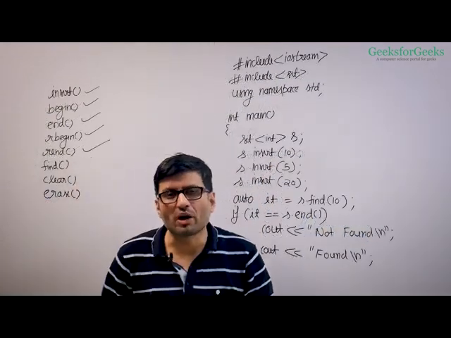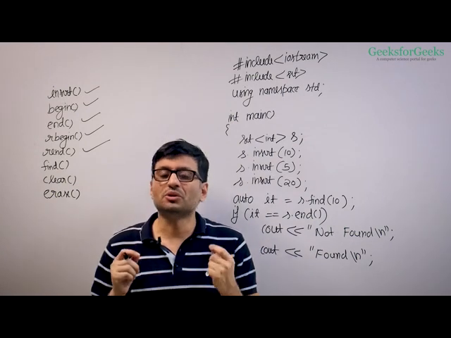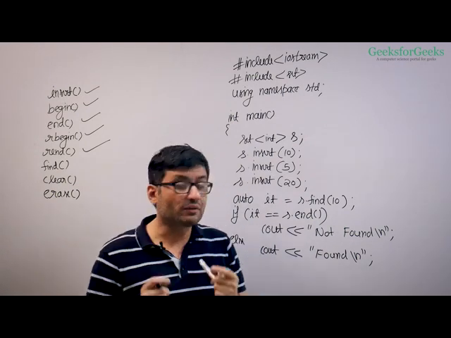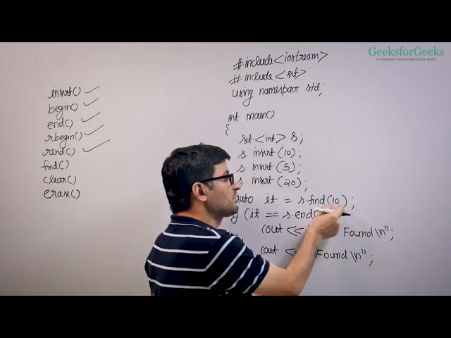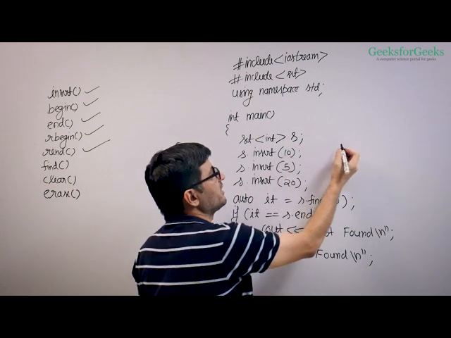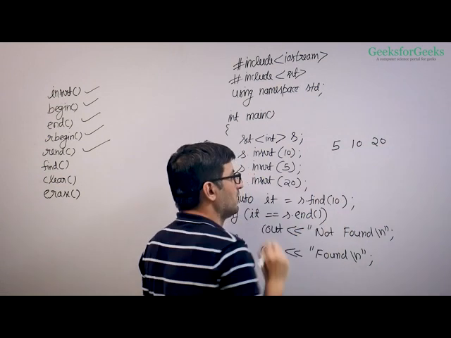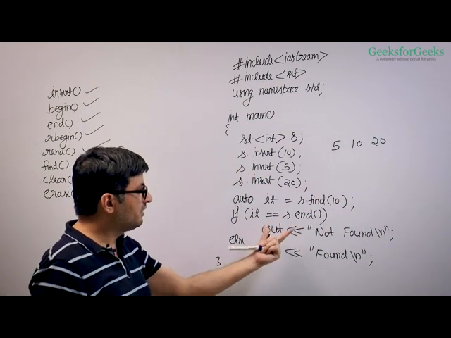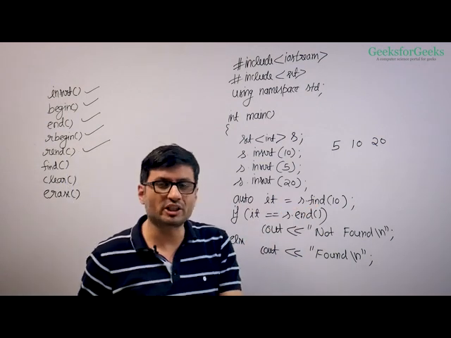Let us now talk about the find function in set. The find function is used to search whether an element is present in the set or not. Here I have used the find function to search 10 in this set. So this set contains the elements 5, 10, 20. When I call find, it returns an iterator to the element if it is present in the set.